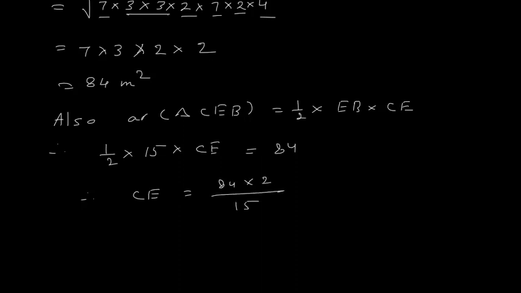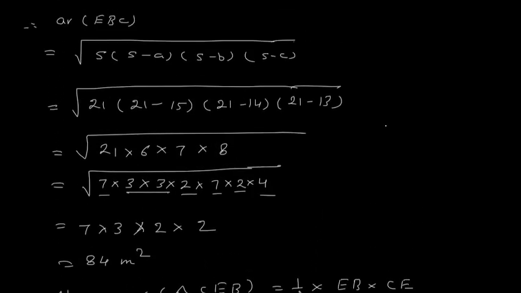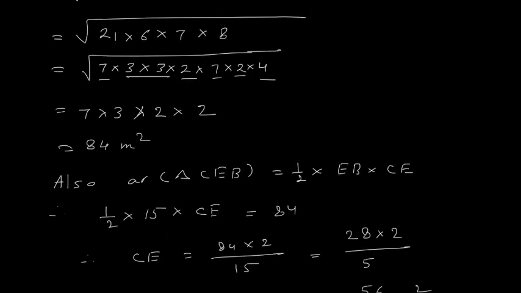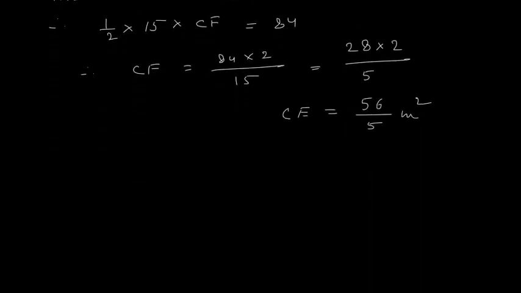Now with 3 I can cancel, so 28 into 2 divided by 5, which gives 56 upon 5 meter. This is the value of the perpendicular. Sorry, this is not CE, this is CF. So the value of CF is 56 upon 5. This is height.